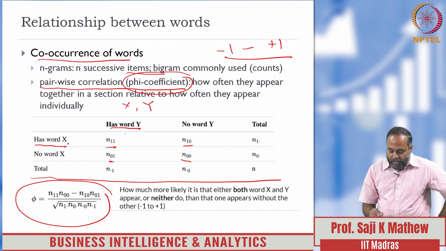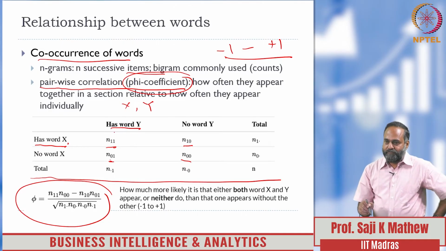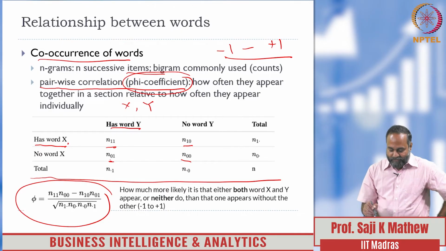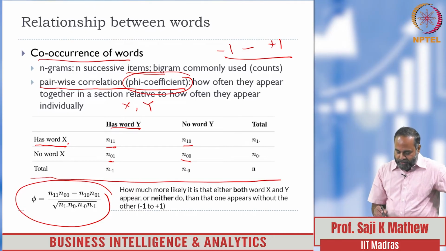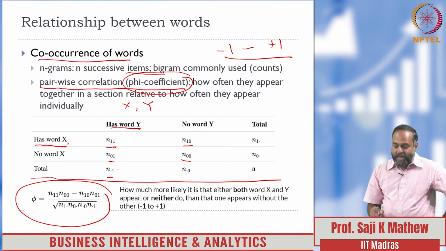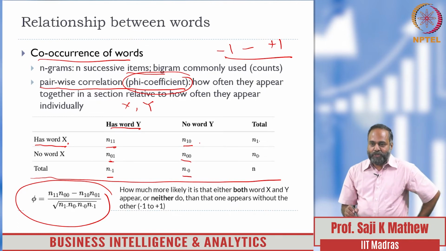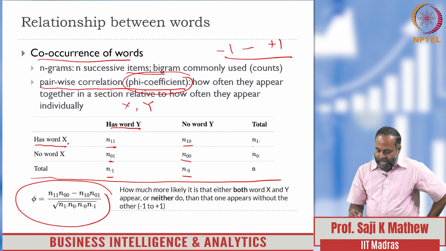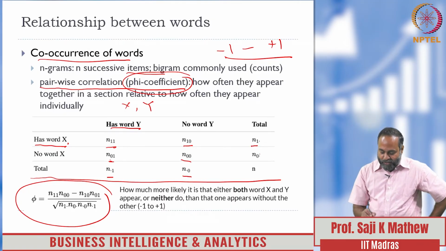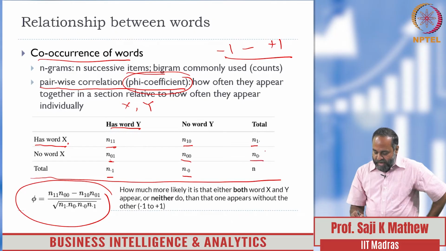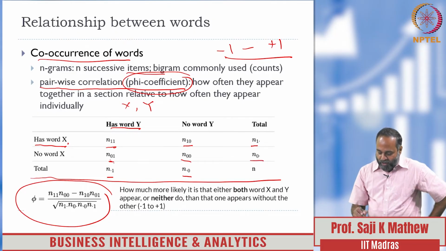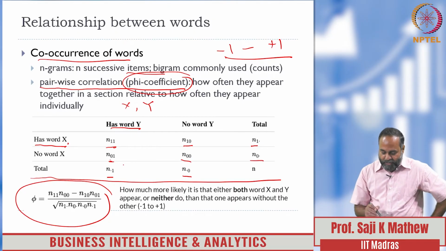These are individual counts that need to be generated across documents, and then you have column-wise totals and row-wise totals. For example, n dot 1 is the sum of n11 and n01. N dot 0 is the sum of n10 and n00. N1 dot is the sum of n11 and n10, and n0 dot is the sum of n00 and n01.